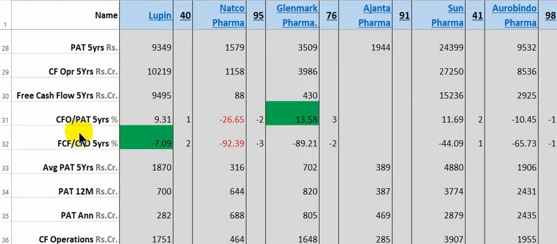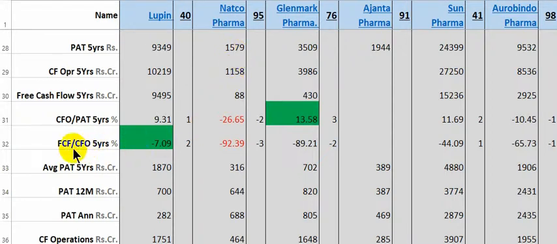So in terms of CFO to PAT over 5 years, the best cash flow conversion was by Glenmark Pharma, which managed to get 13% more cash than its earnings. Whereas the worst performing in terms of cash, Natco Pharma, was short by 26% from its earnings.